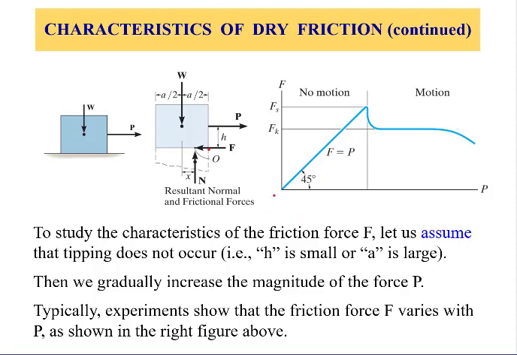Now, as we're increasing the force P, there is a point at which the value of the force will drop from a maximum value, which represents Fs, where Fs is the maximum static friction force.